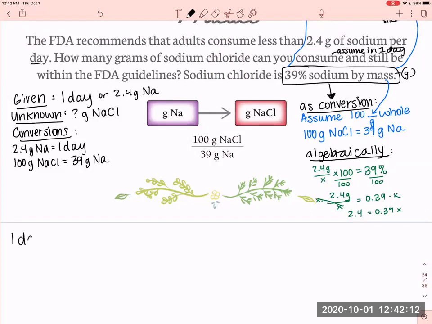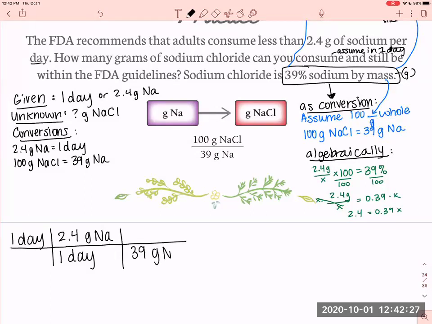If you start with 1 day, which is totally fine if you skip this part, you'll see that you'll get the same answer. For every day, we can consume 2.4 grams of sodium. And then 39 grams of sodium gives us 100 grams of sodium chloride because I can manipulate my percentage in that way.